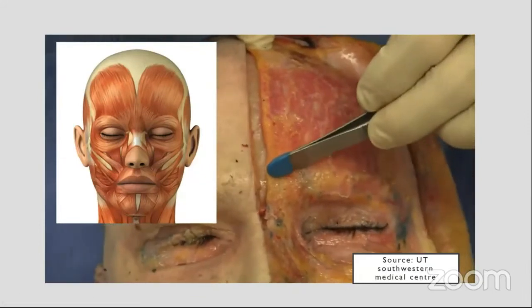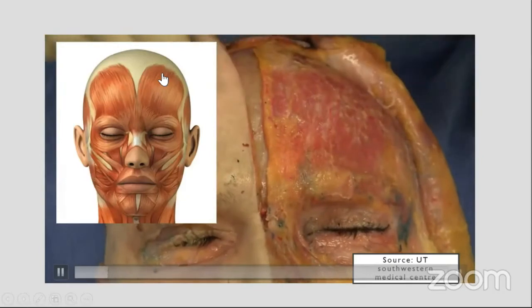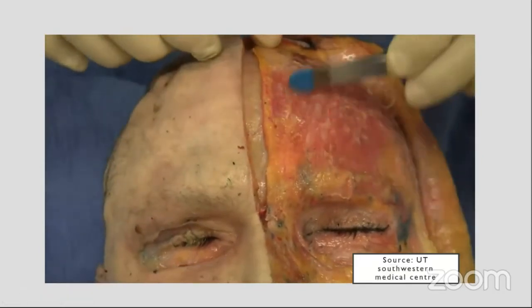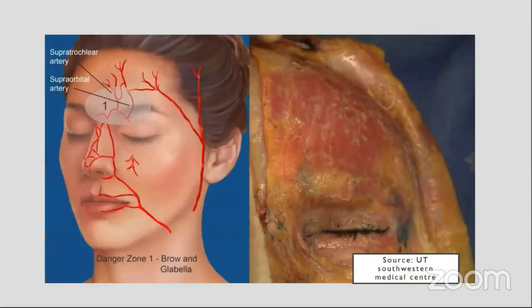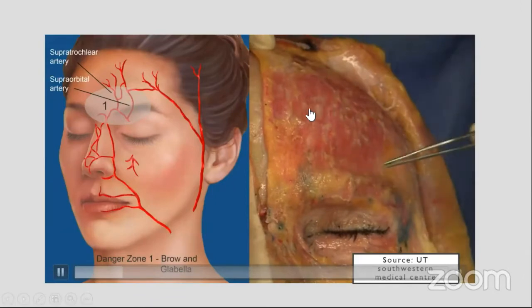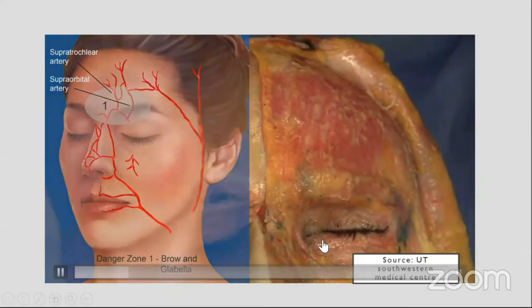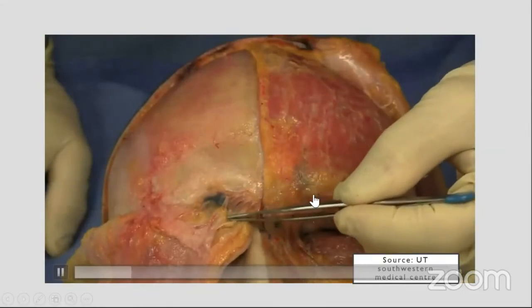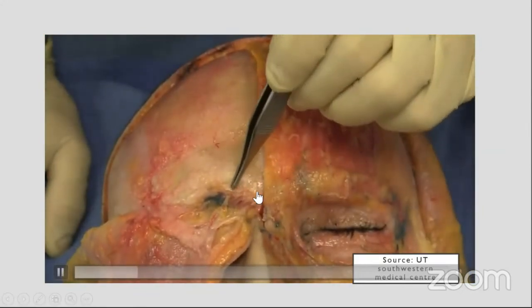It's a superficial muscle and it bifurcates in a V-shaped pattern, as you can see here, though not in this cadaveric specimen. While injecting neuromuscular agents, inject superficially, as it is a superficial muscle. This is a danger zone where the supratrochlear artery and supraorbital vessels emerge.